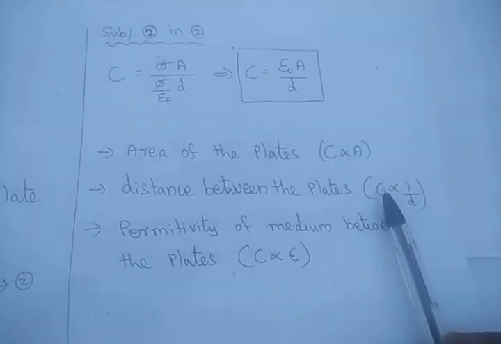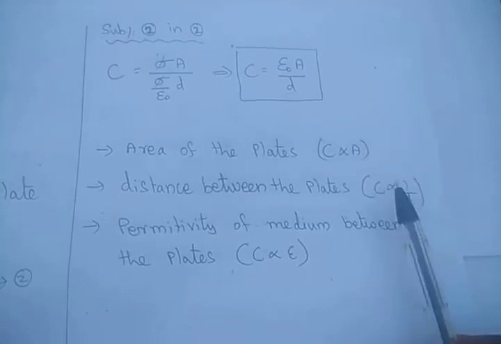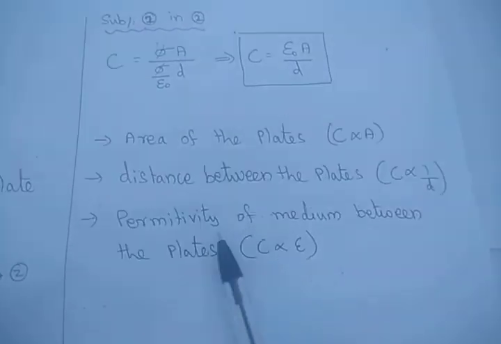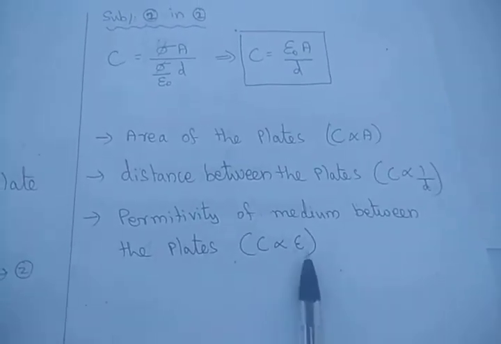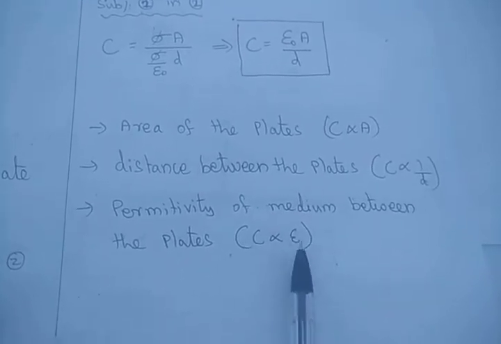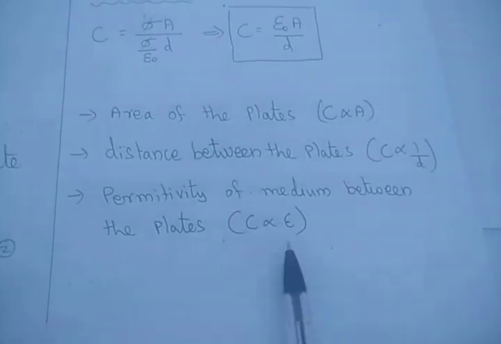Hence, we have to place the two plates very close to each other to get more charge stored there. Then a very important thing is the permittivity of the medium between the plates. When the permittivity is more, the capacitance also increases. What is permittivity? It is the amount of electric field lines allowed to pass through that material.